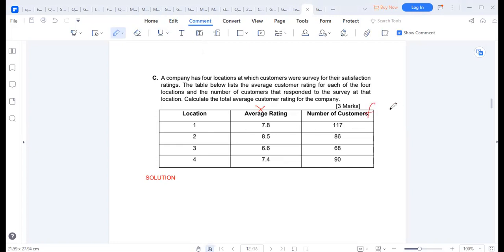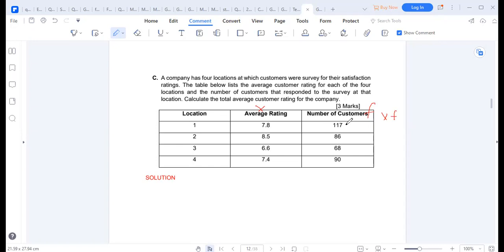Like we did, we're going to multiply this times the frequency. What do we get? 7.8 by 117, what do we get? 912.6.